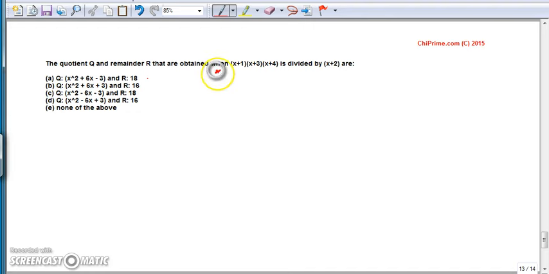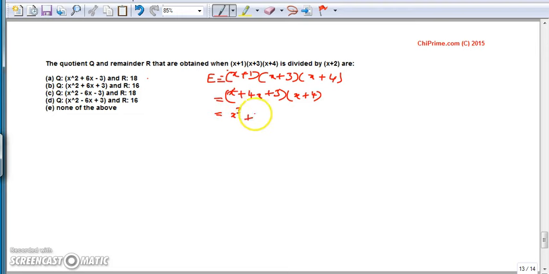All right, so we're given x plus 1 times x plus 3 times x plus 4 as the expression. Let's call the expression E. So then E would be equal to x squared plus 4x plus 3 times x plus 4, which would be equal to x cubed plus 4x squared plus 3x plus 4x squared plus 16x plus 12.